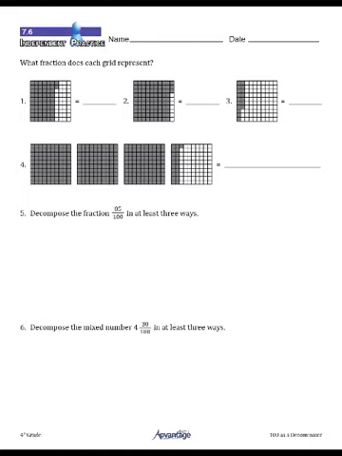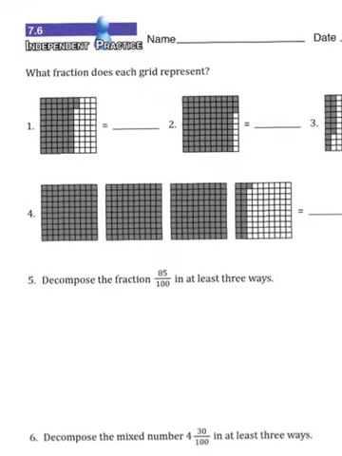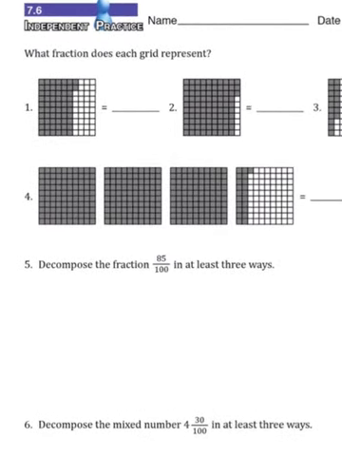All right, now we're ready to go ahead and work on our worksheet. Just follow along the best you can. And here we go. What fraction does each grid represent? Okay, I'm going to zoom in. These are kind of small. Number 1, we have 1, 2, 3, 4, 5, 6 whole columns of 10 plus 2, which would be 62 hundredths.